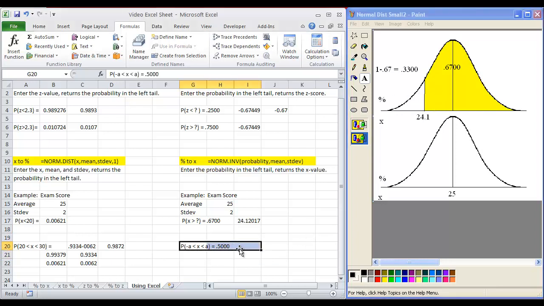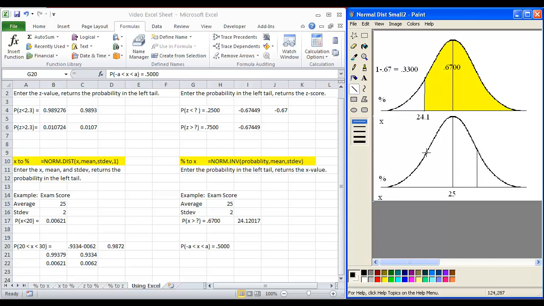Let's look at this next one. This is a little bit different way to look at it. I'm trying to find 50% of the values, and I'm going to go between some negative a value and some positive a value. So that's just another way of saying I'm going to go equidistance on both sides of my mean, and I want to get 50% of the values.